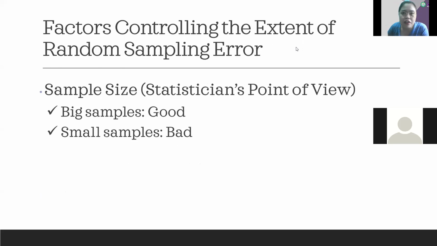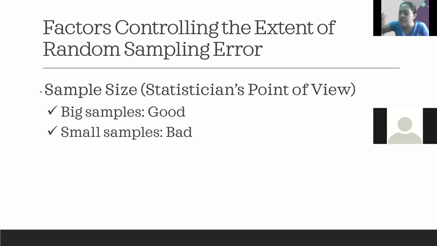Now, these are factors controlling the extent of random sampling. So for the sample size, sa statistician's point of view, if you have big samples, it means a good sample. Meaning you can properly represent the population if you have a big sample.